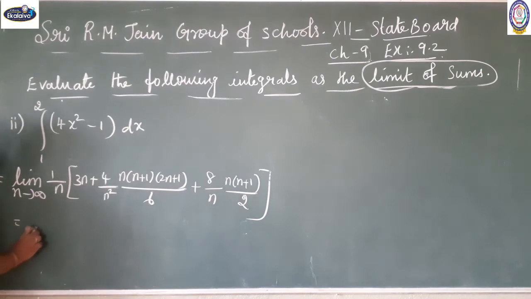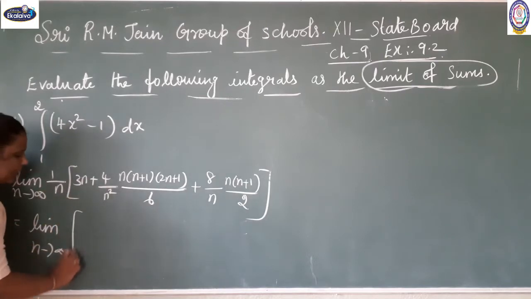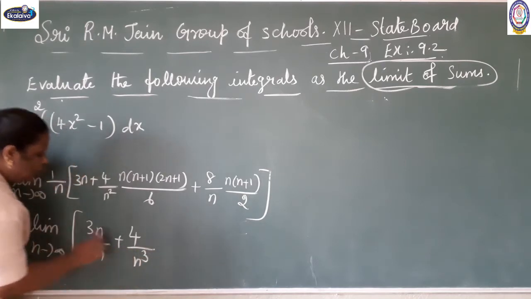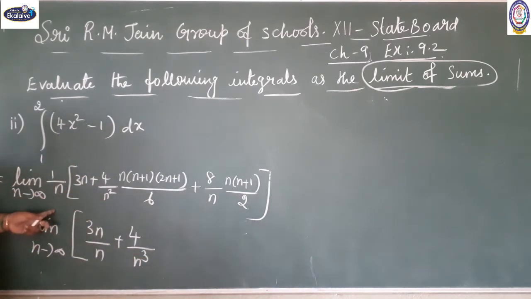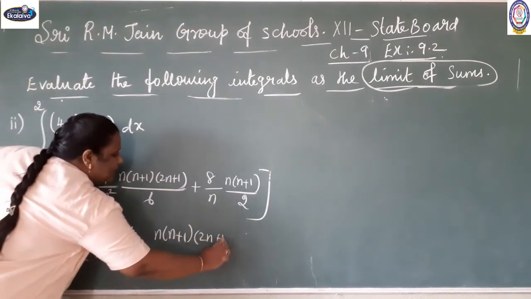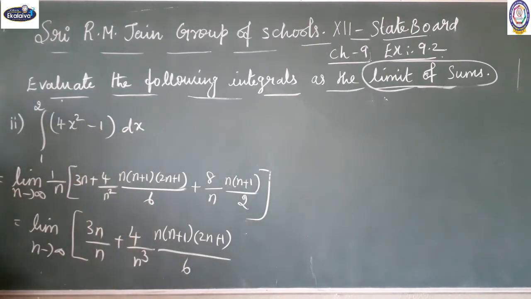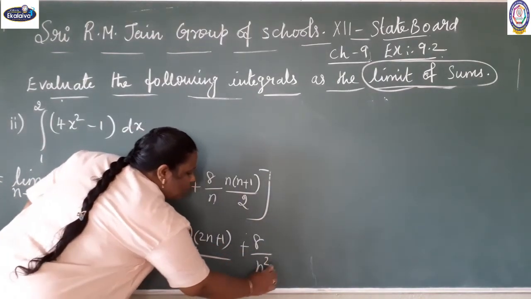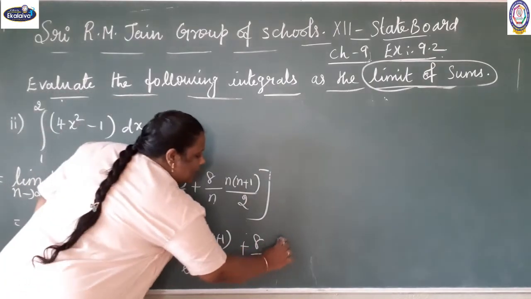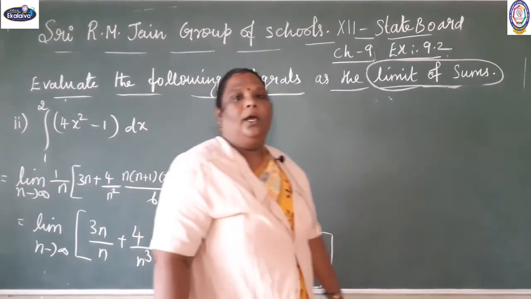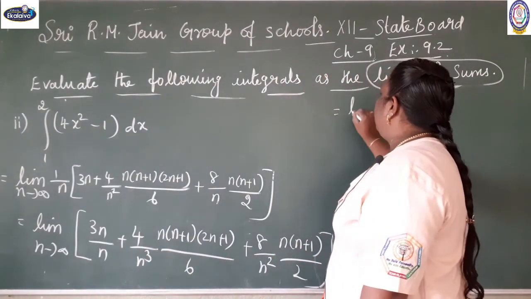See here, limit n tends to infinity, you bring 1 by n inside: 3n by n plus 4 by n cube into n into n plus 1 into 2n plus 1 by 6, plus 8 by n square into n into n plus 1 by 2. So you cancel the value, what is the remaining thing left out?